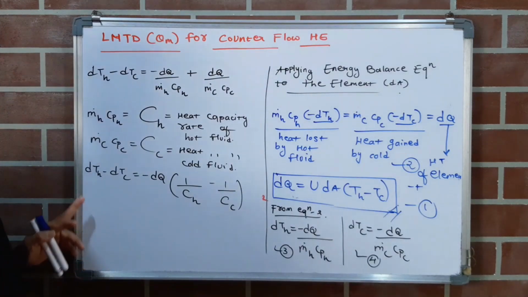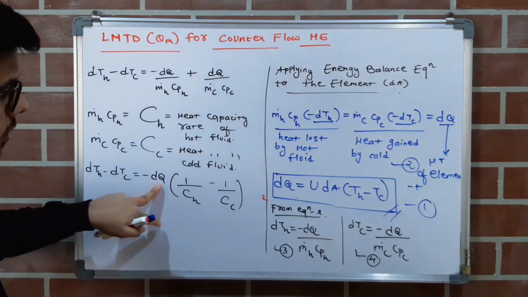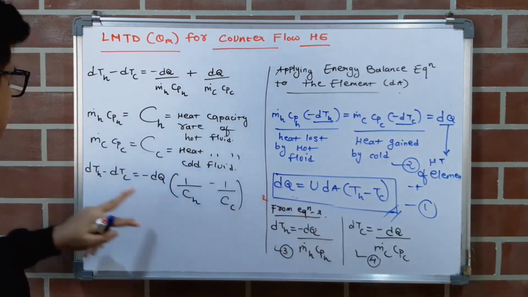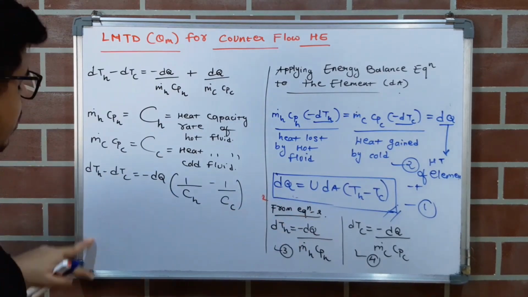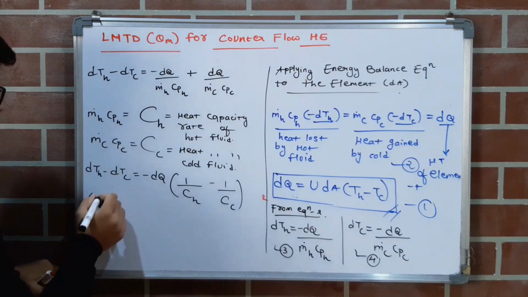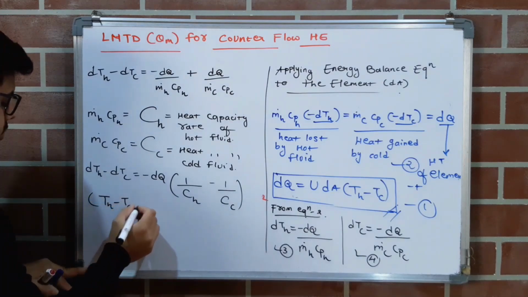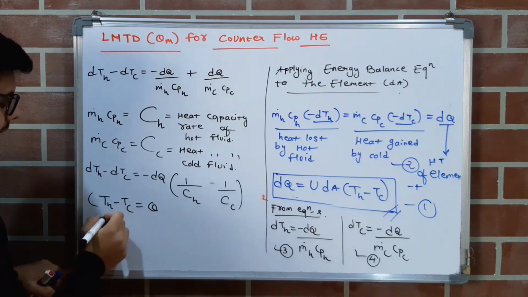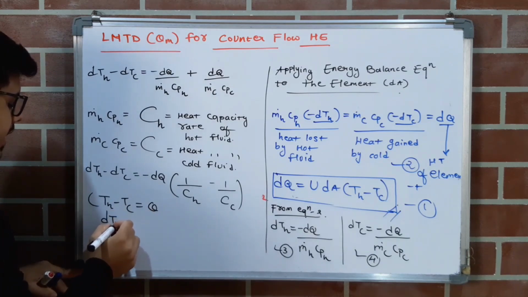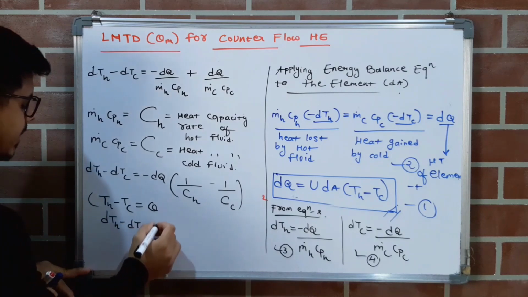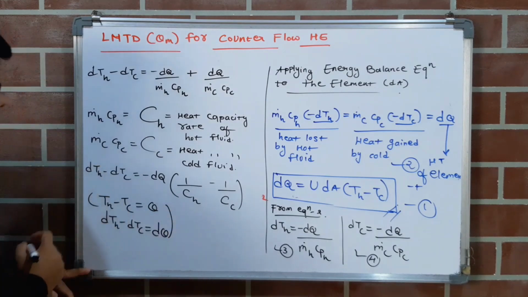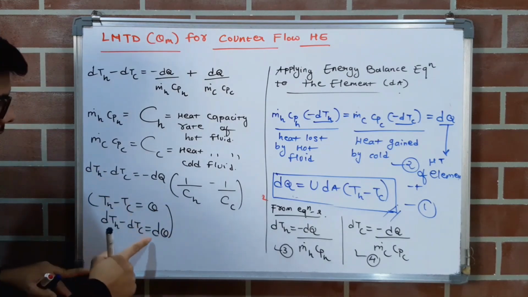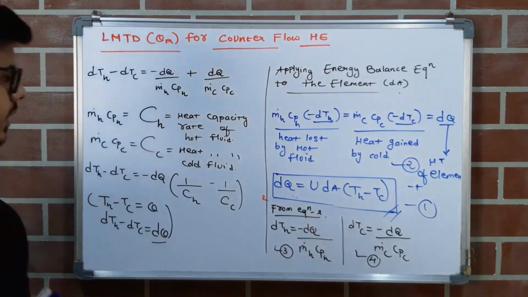Now what will we do? We know this formula, and from the graph, if you remember, our value Th minus Tc is theta. So if Th minus Tc is theta, then for a small interval dTh minus dTc will be d theta. So we can replace dTh minus dTc with d theta, right?